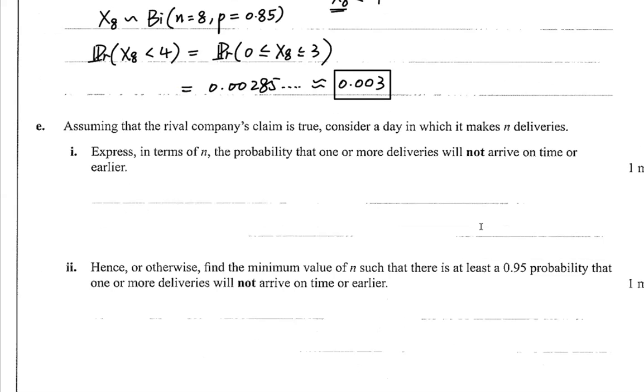Assuming that the rival company's claim is true, consider a day in which it makes n deliveries. So xn is a binomial distribution, n, 0.85. Probability one or more delivery will not arrive. Okay, be very careful. You can't use 0.85 because now you are concentrating on the event not arriving on time.